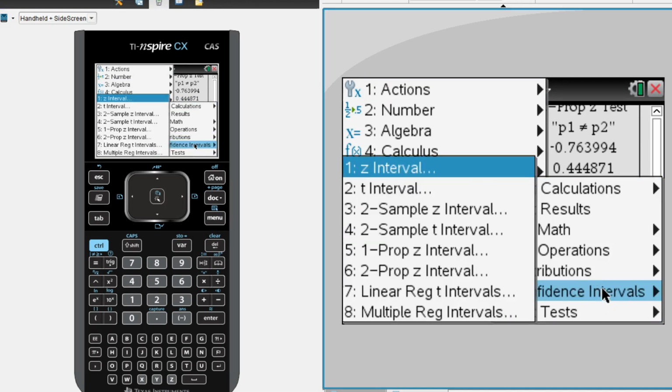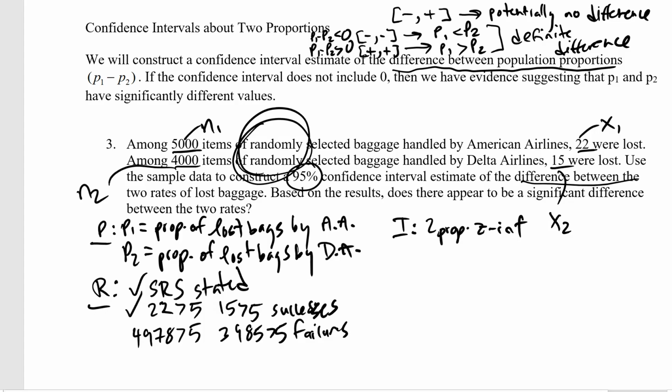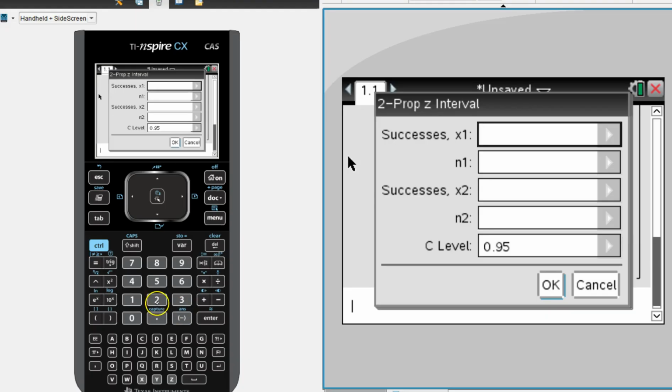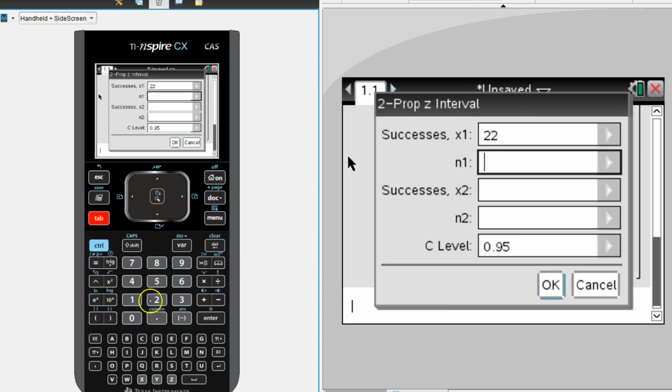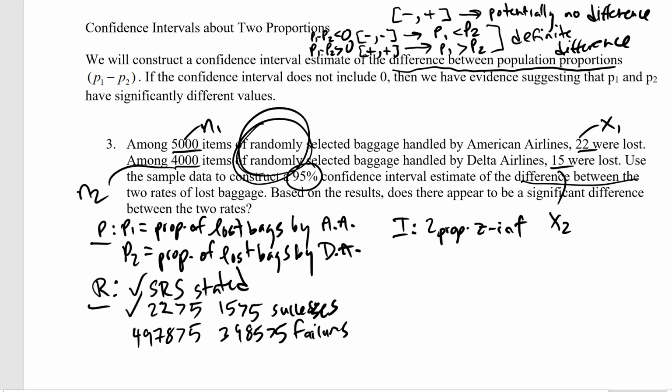I'm going to go to intervals, and it is a 2 proportion Z interval. How many successes were there? We said 22 out of 5,000. How many successes for the other group? 15 out of 4,000.